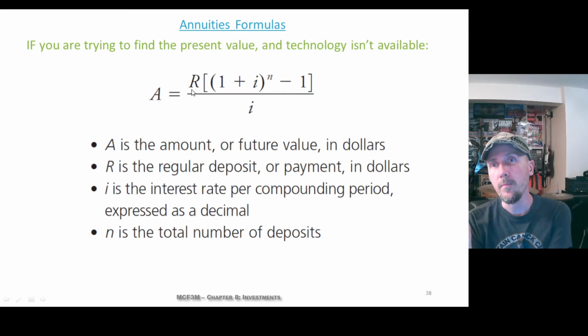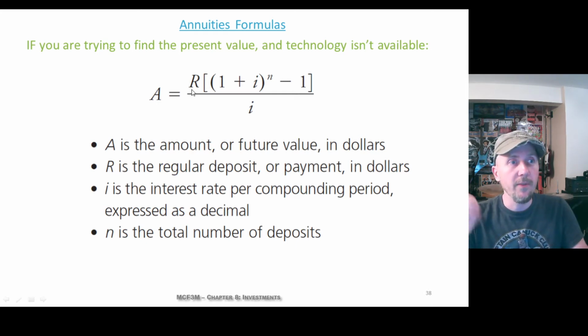So when you're setting this up, you're going to have to make so many deposits, and you want to see how much this roof is going to end up costing me. A whole bunch of money.